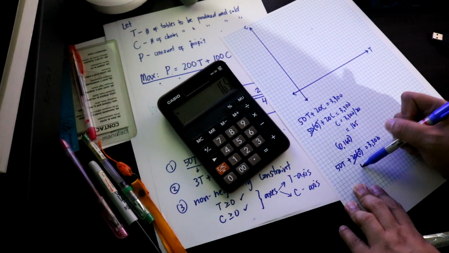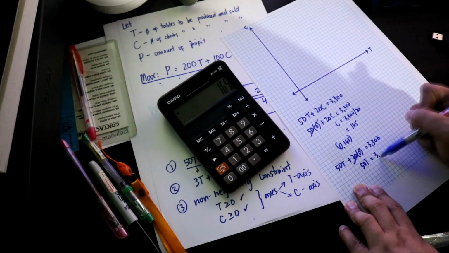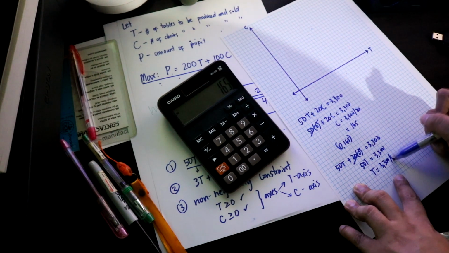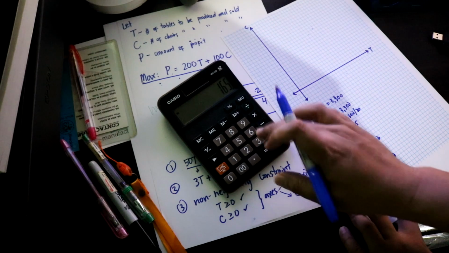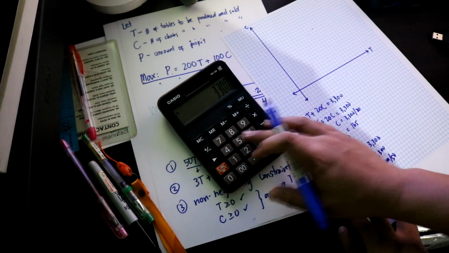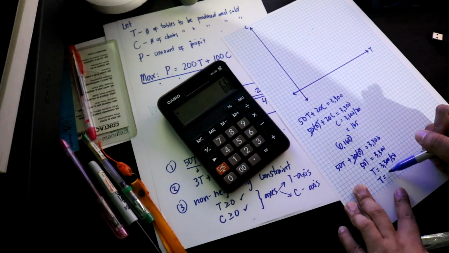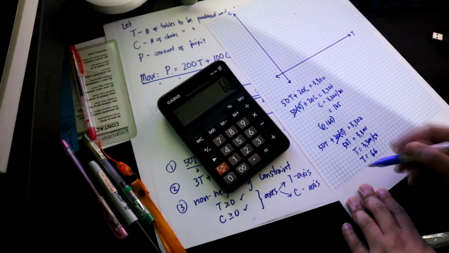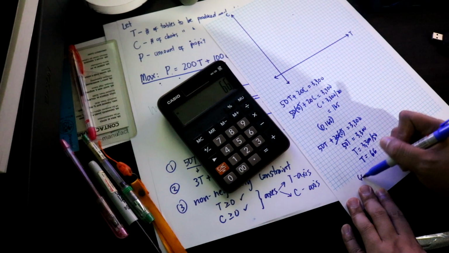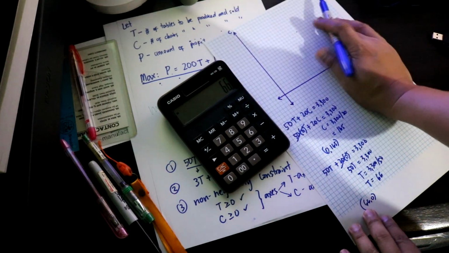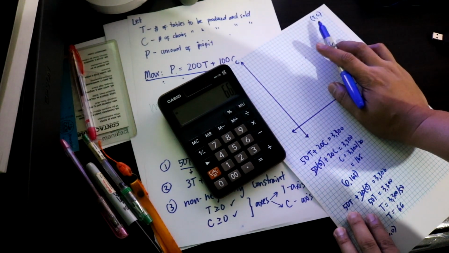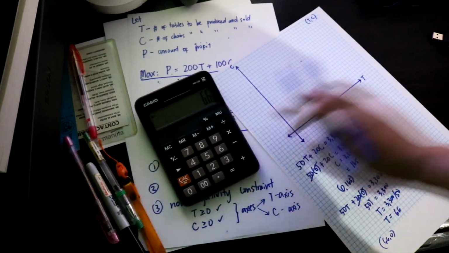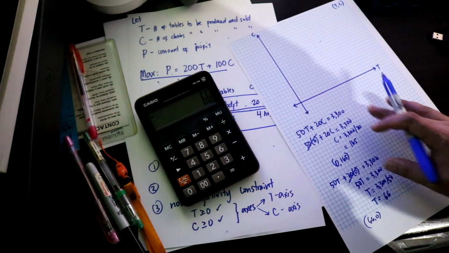Now, 50t is equal to 3,300, so t is equal to 3,300 divided by 50, that's 66. T is equal to 66 and c is equal to 0. Therefore, we have the point (66, 0). So, we now have 2 points. We can now draw the line.